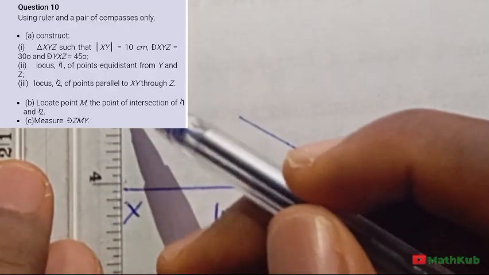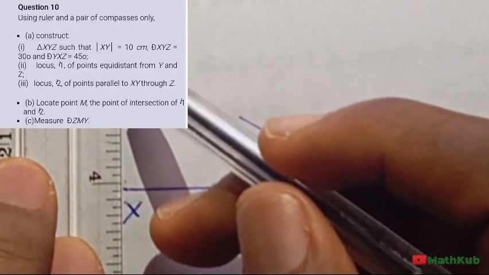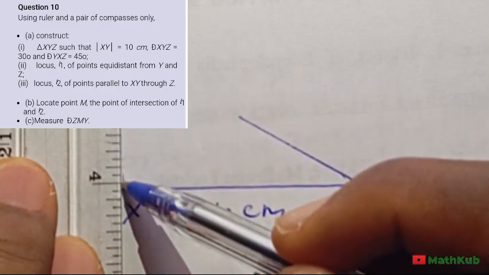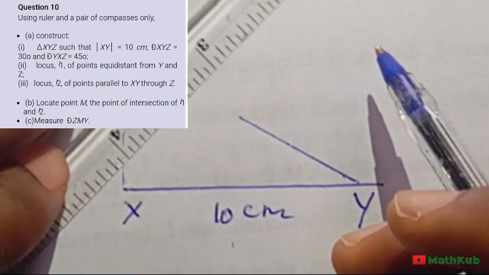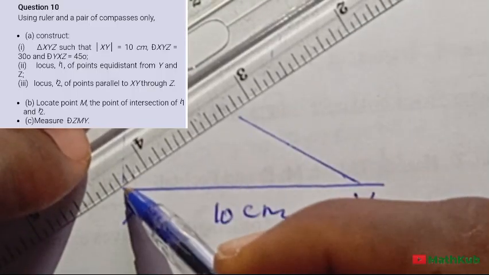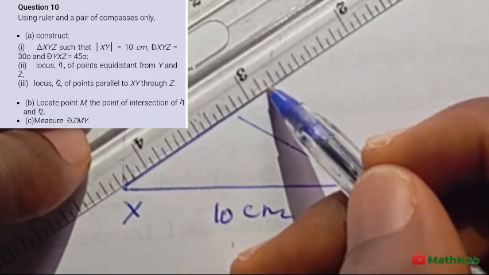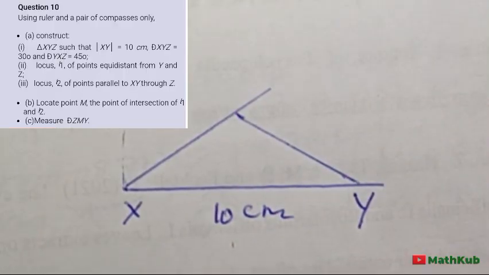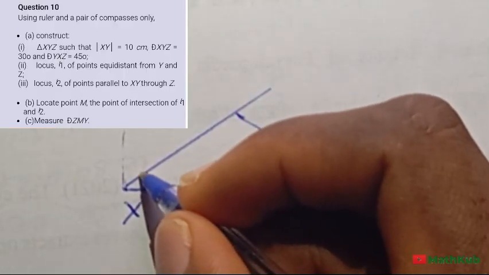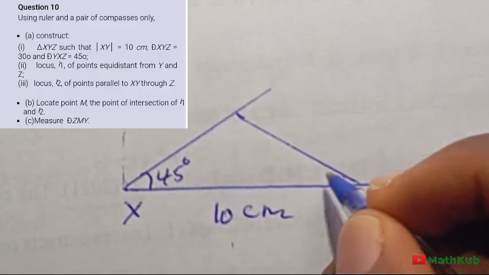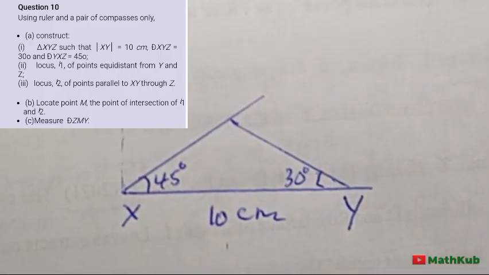Let's say this is your 90 degrees, then you bisect it and you have 45. So here is 45 degrees and here is 30 degrees.